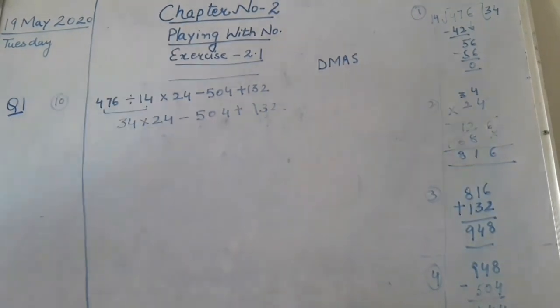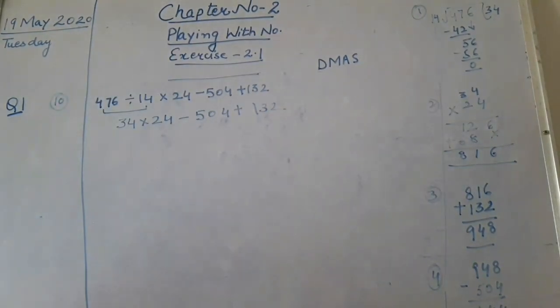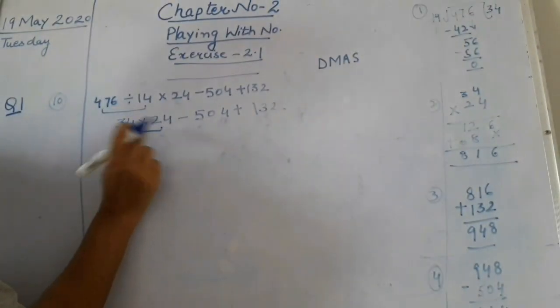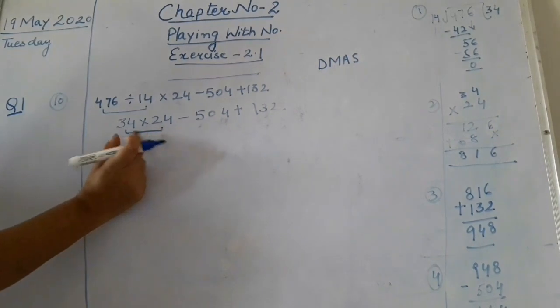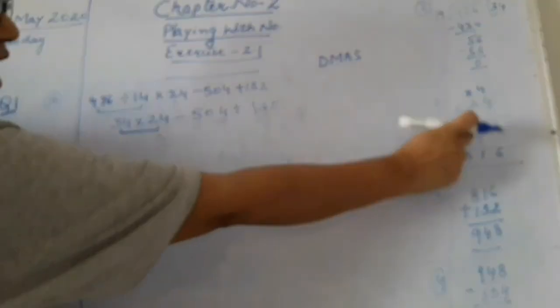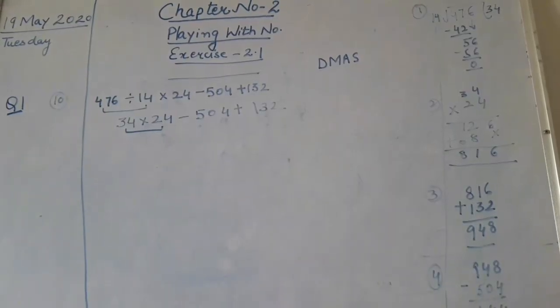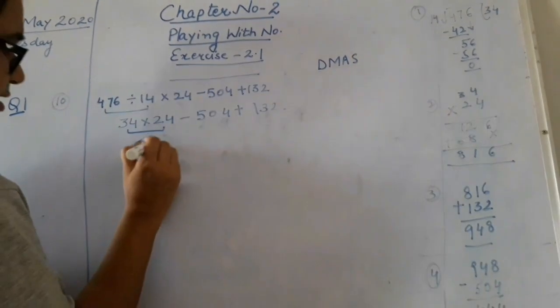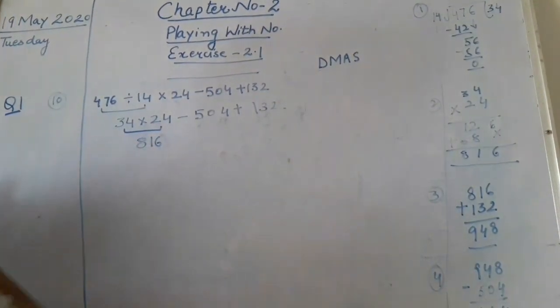Now after division I will solve my multiplication, and on multiplying 34 by 24 I get my answer as 816, right?